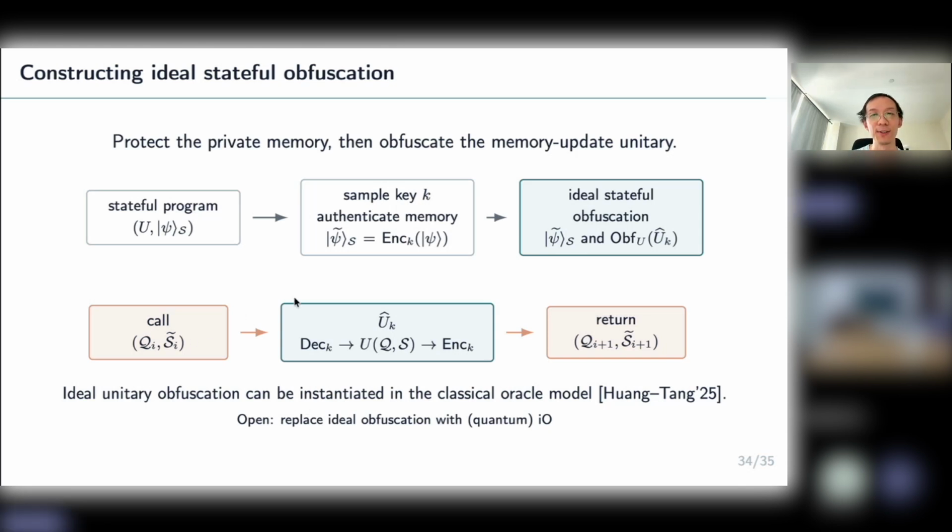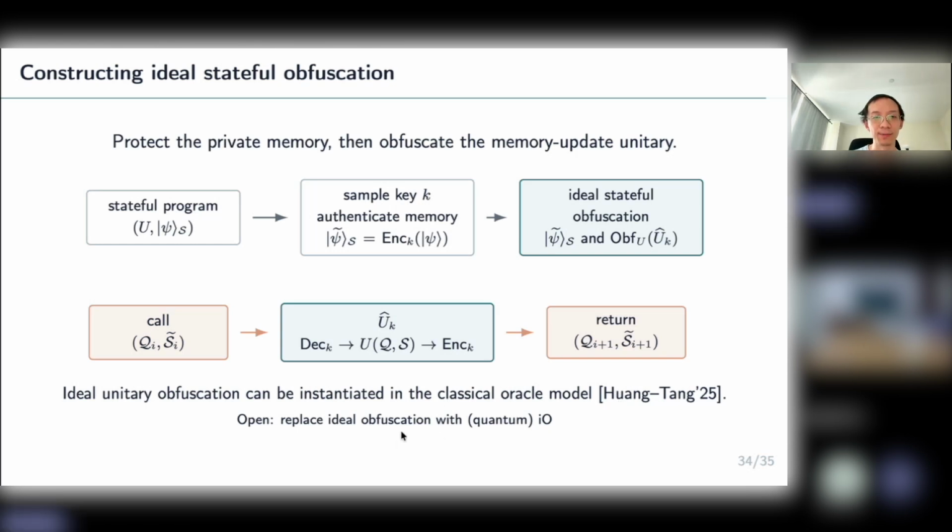To evaluate it, I just give you this obfuscated unitary, which basically decrypts the state, runs the original unitary, and then re-encrypts it. So it's a very common obfuscation recipe. You can instantiate this with just ideal unitary obfuscation, and you can instantiate ideal unitary obfuscation with ideal classical obfuscation using prior work by Huang and Tang.